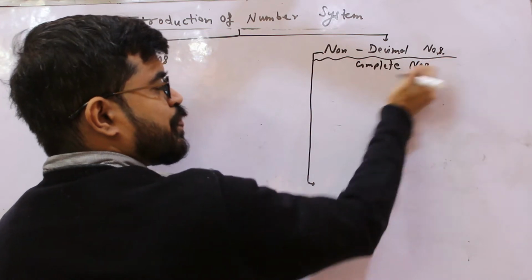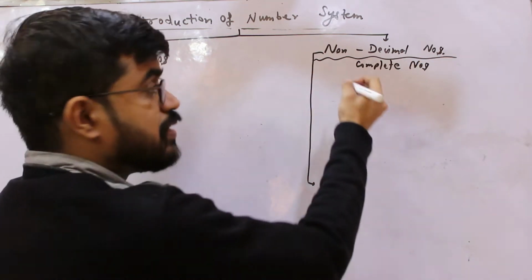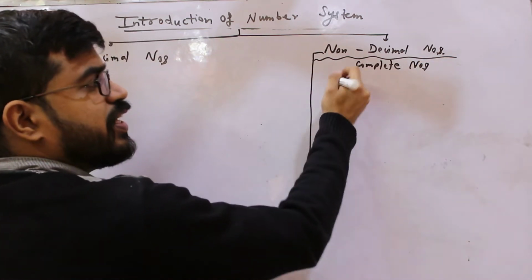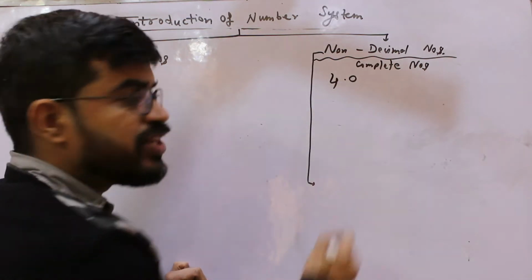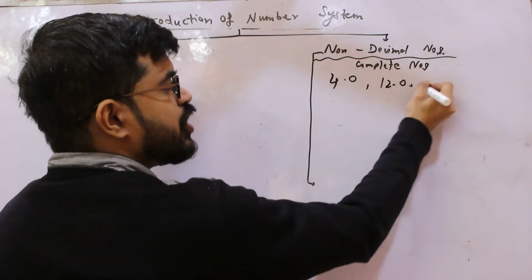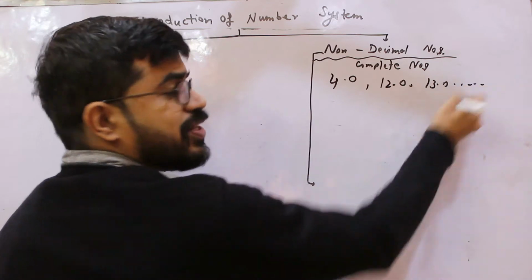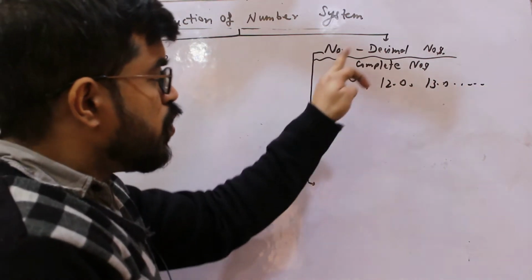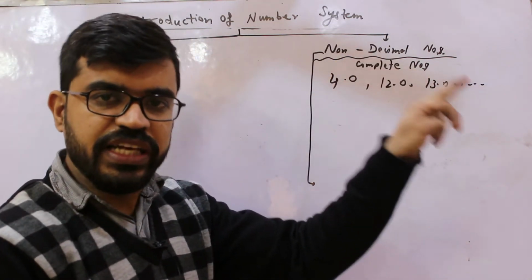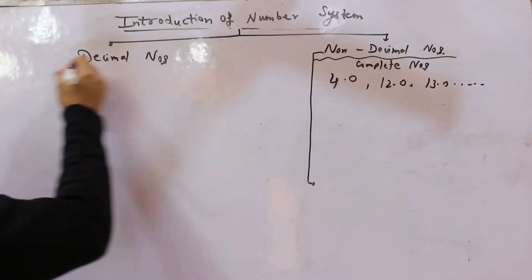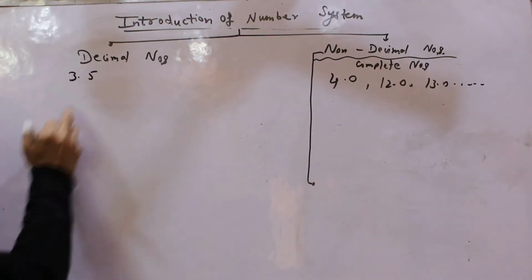Complete numbers are any numbers which have the digit 0 after the decimal. Say it could be 4.0, 12.0, 13.0, and so on. There is only 0 after the decimal. On the other side, decimal numbers are those which have non-zero numbers after the decimal.